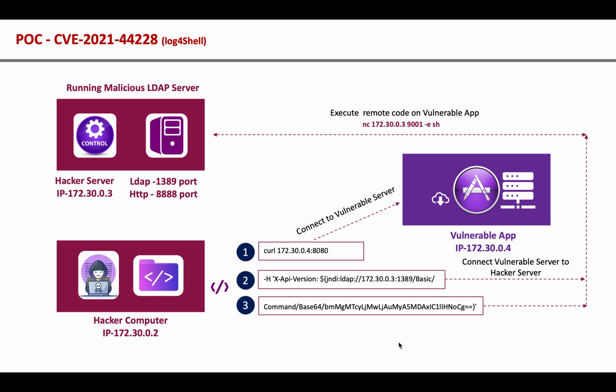And the last portion is the command payload. Here you are seeing a command payload which is base64 encoded, which translates to a netcat reverse shell as depicted here in the diagram. Let us now go and see the POC on the next slide.